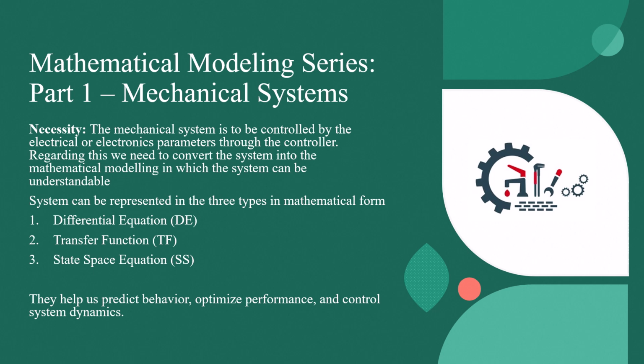Whatever the system is, it is mathematically represented in three different ways. The first is based upon the differential equation, the second upon the transfer function, and the third upon the state space equation.